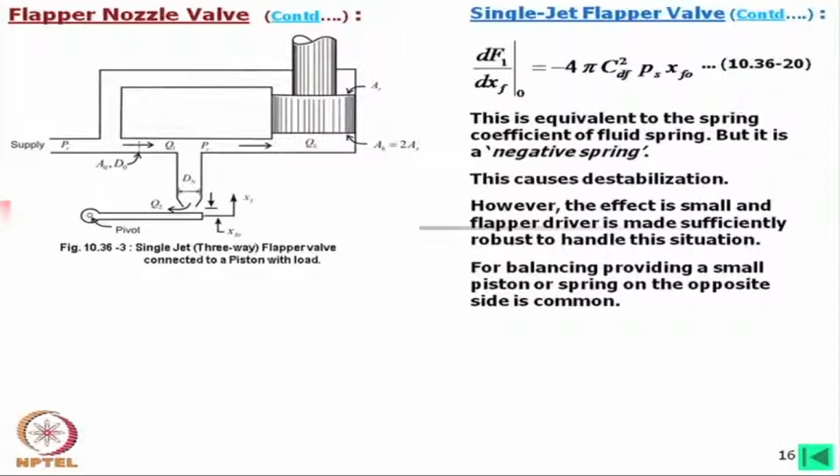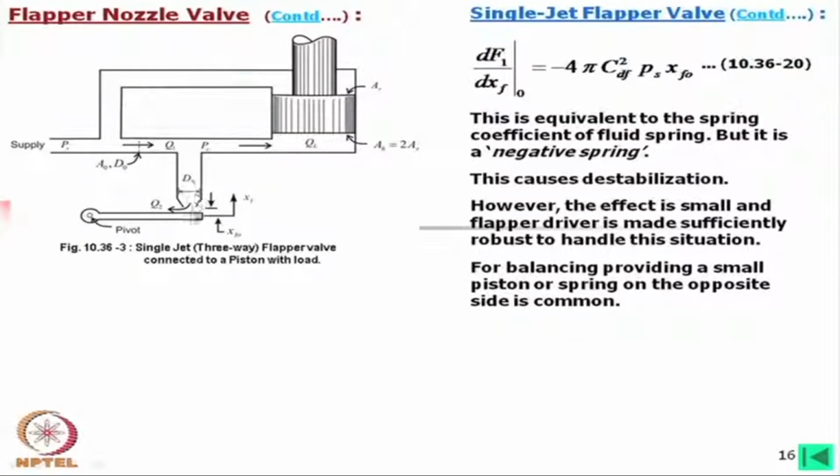For balancing, providing a small piston or spring on the opposite side is common. Sometimes a spring is used on the opposite side for the flapper nozzle. What happens if there is a double nozzle? In that case, you will usually find springs used in both directions. Okay.